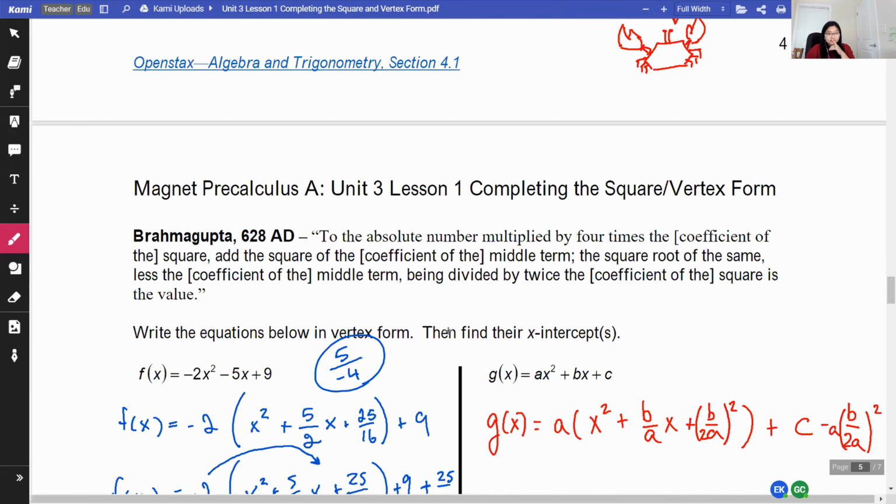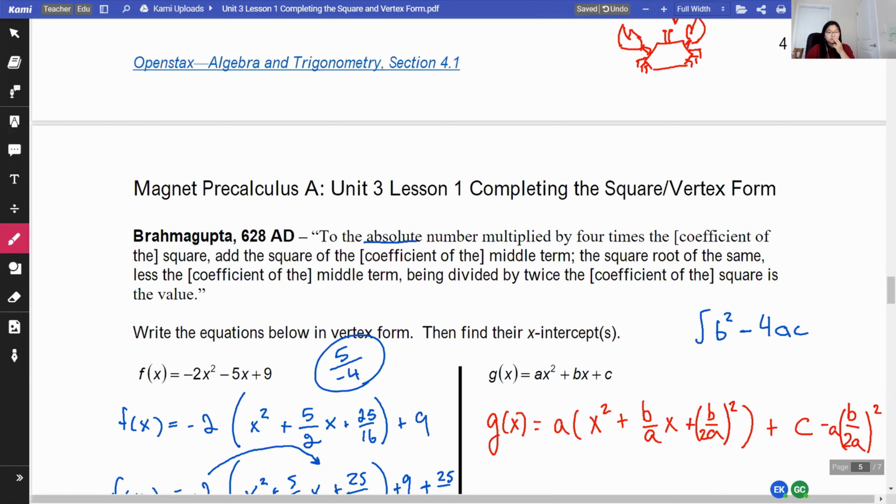So the absolute number in the standard form, that's like C, multiplied by 4 times the coefficient of the square, A. Add the square of the coefficient of the middle term. I think the absolute here is referring to the minus sign. All right, so B squared minus 4AC.